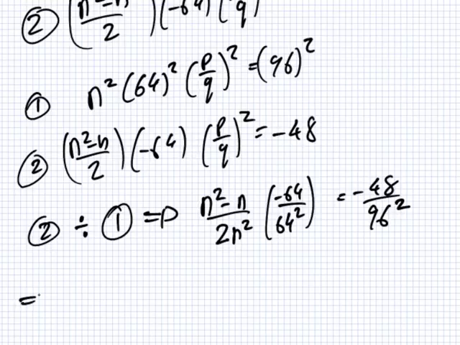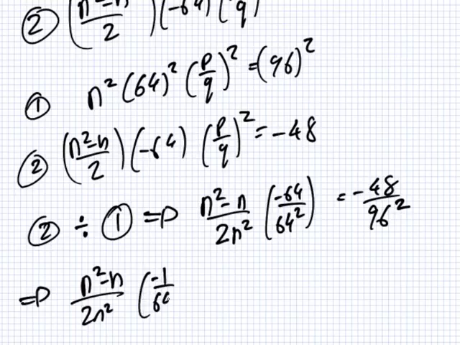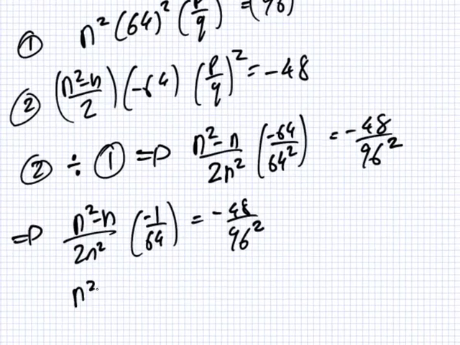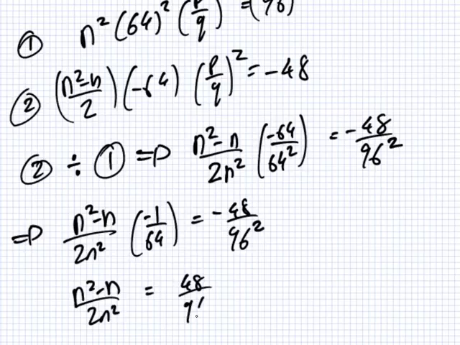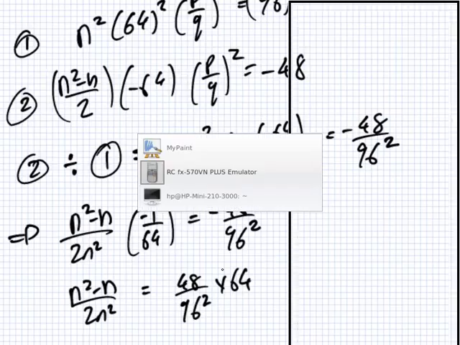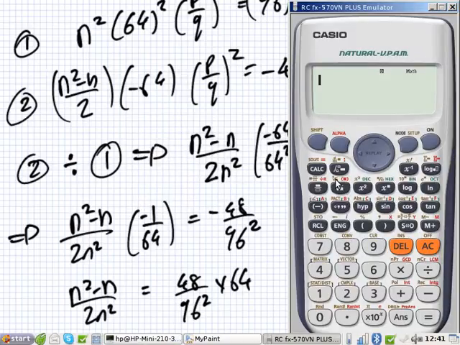So that becomes n squared minus n over 2n squared, times 1 over 64, equals minus 48 over 96 squared. So that becomes n squared minus n over 2n squared equals 48 over 96 squared times 64. The minus is cancelled on both sides. 48 divided by 96 divided by 96 times 64. That's a nice 1 over 3.